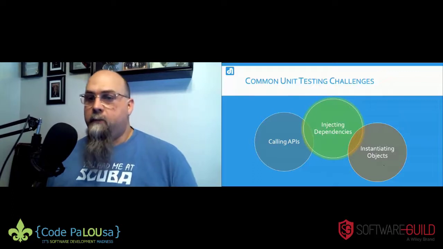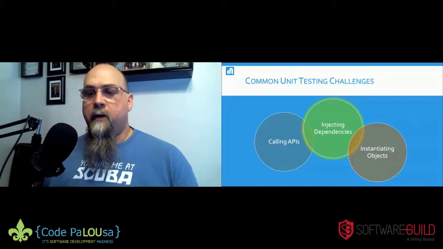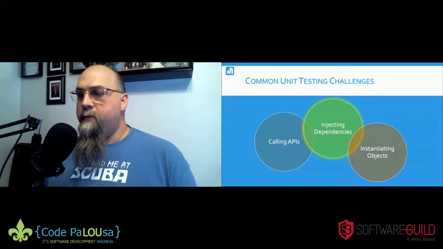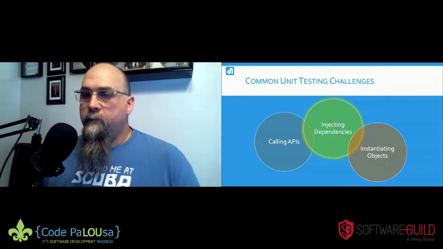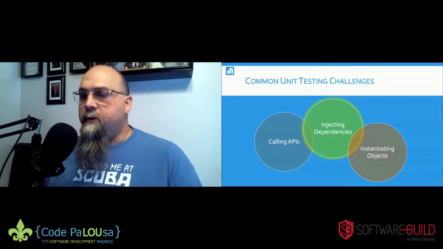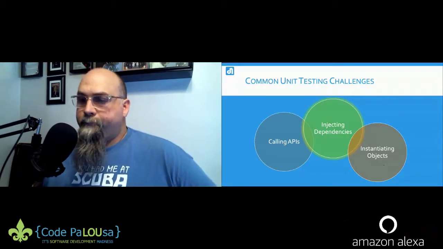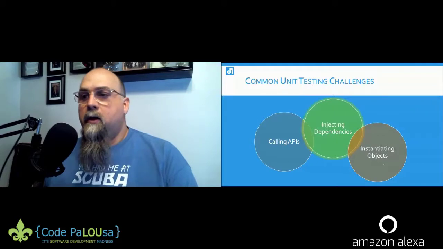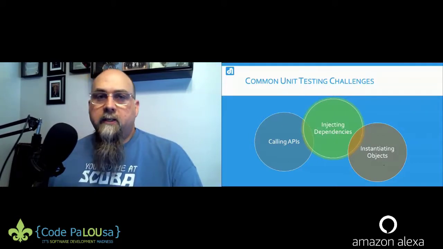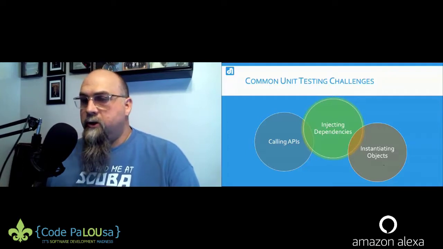And not only do you need to get those things in there, but they need to work properly as well, going back to talking about the APIs. So we need a way to get all these dependencies into our system in a way that we can actually work with, and that makes it easy to maintain the tests as well. So every time we add something, we're not going and updating dozens or possibly hundreds of tests to update constructor signatures and things like that.